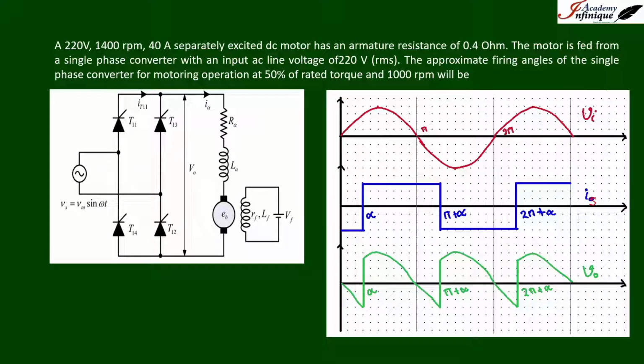For the period of alpha to pi plus alpha, the thyristors T11 and T12 will operate for the positive half cycle, and for the period of pi plus alpha to 2 pi plus alpha, the thyristors T13 and T14 will operate.